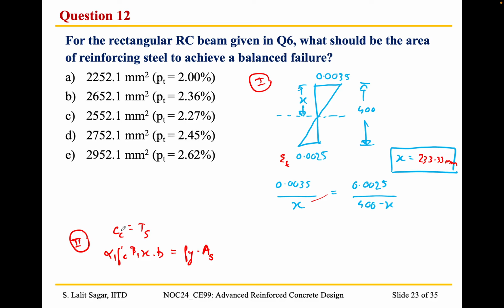Then in the second step, we need to equate the compressive force with the tensile force. The compressive force is given by alpha 1 into f prime c into beta 1 into x into b. We know the value of f prime c from the previous question number 6, and we know the value of x from this particular calculation. We need to find out the value of alpha 1 and beta 1.